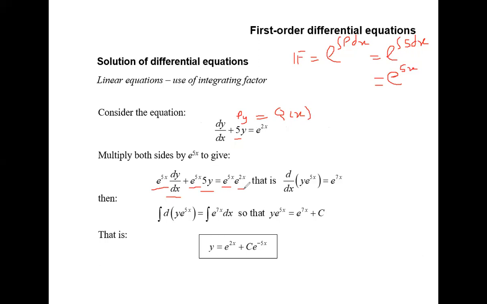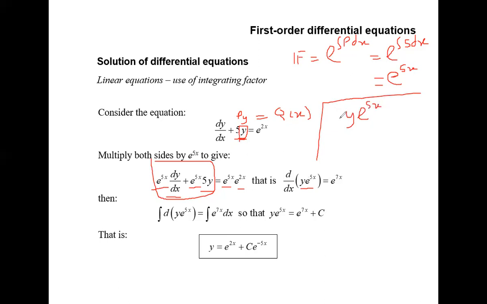Okay. Now, whenever you do that, this left-hand side can be proved to always simplify to the variable you are working with, which is y, times the integration factor. So we'll not prove that, but it always simplifies into y times e raised to the power 5x.